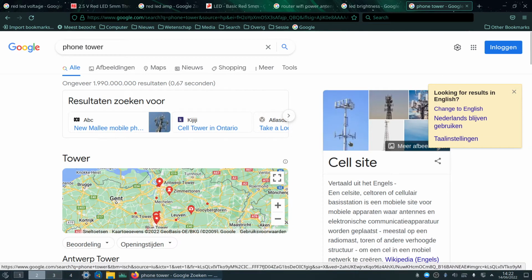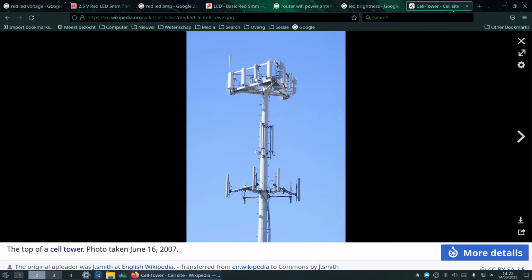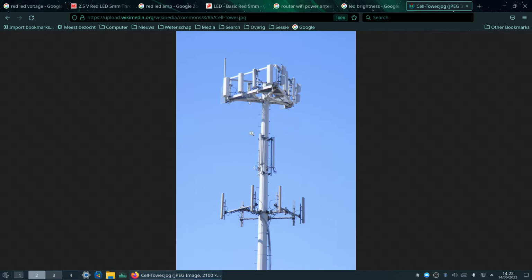I cannot recommend to look. Actually, I cannot recommend to look in the sun, of course, but I can also not recommend watching towards a cell phone tower. These are far more powerful.